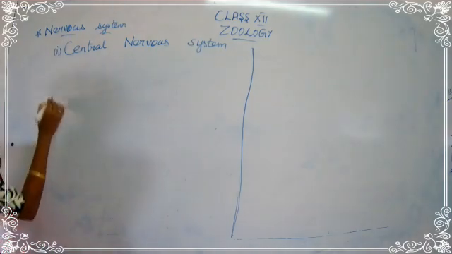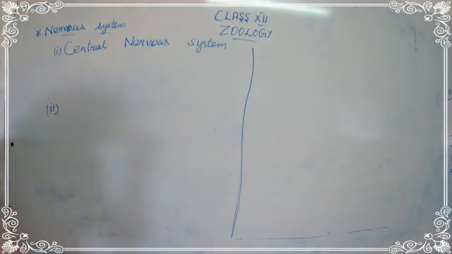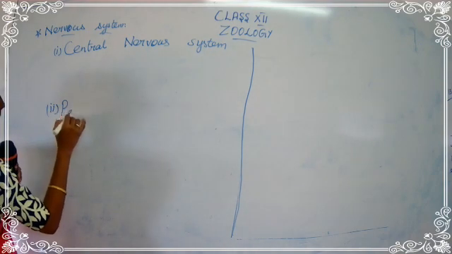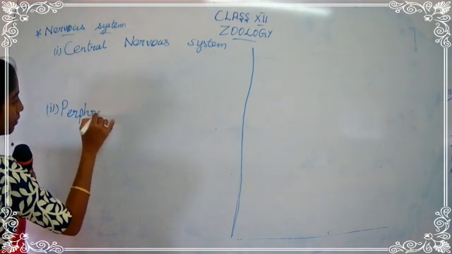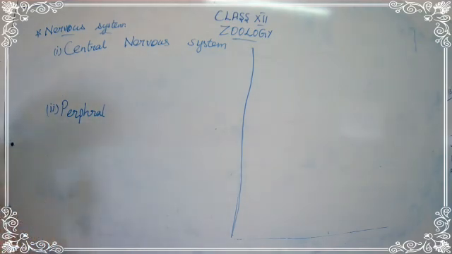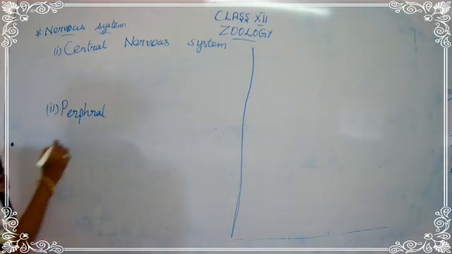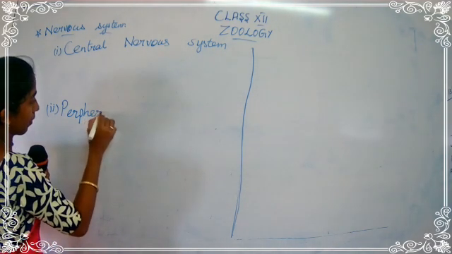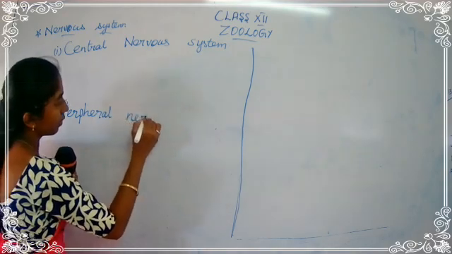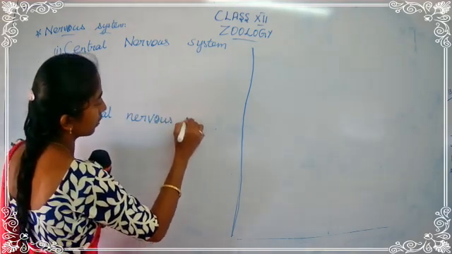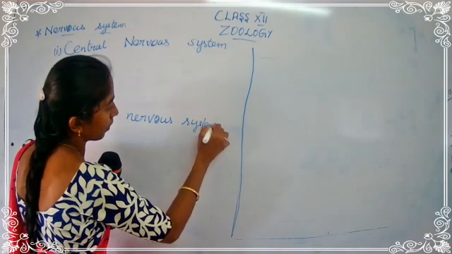It is the first one. And the second one is the peripheral nervous system.